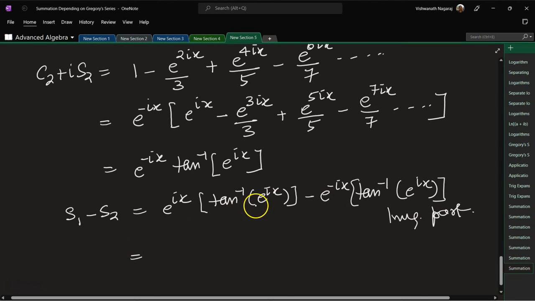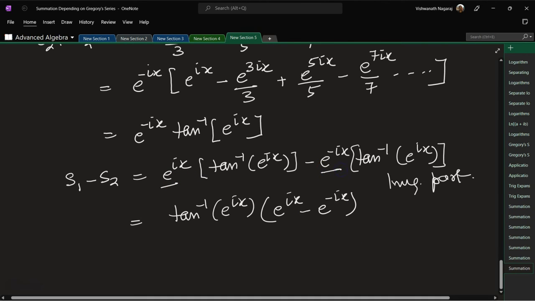So here tan inverse of e to the power of ix is common. So tan inverse of e to the power of ix times e to the power of ix minus e to the power of minus ix. This one and this one.